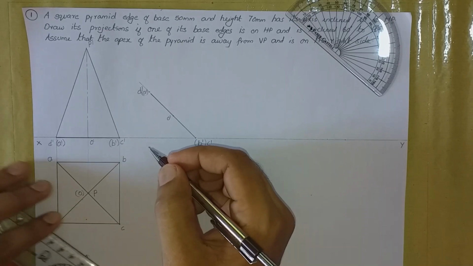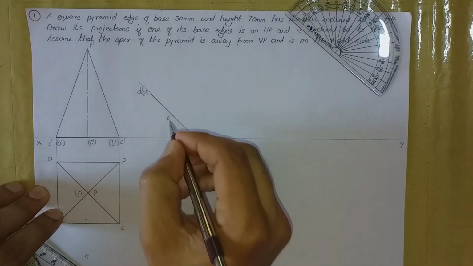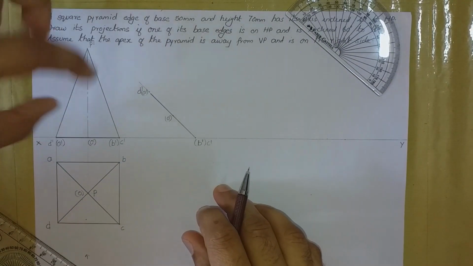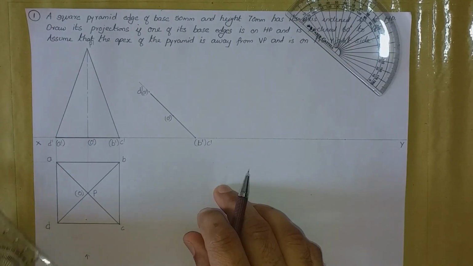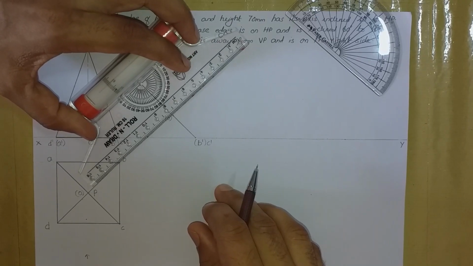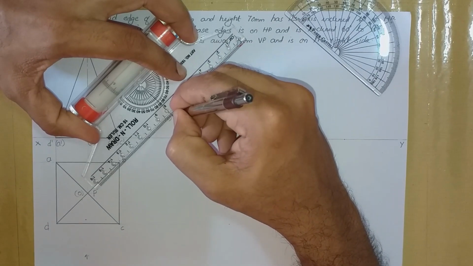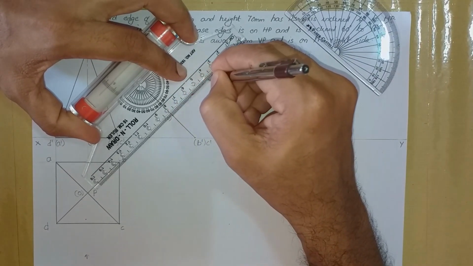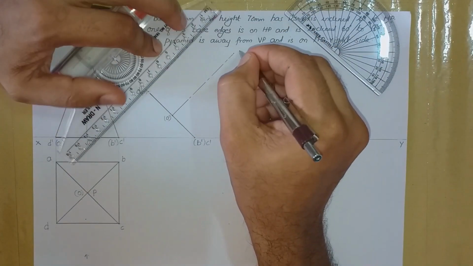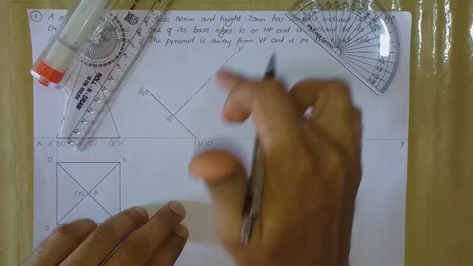Okay, so in this front view, actually the center of the base O is also invisible. Here also O is invisible. And we shall draw the axis. Axis is perpendicular to the base. The length of the axis is 70 mm. This point is point P dash. Again we got 1, 2, 3 points.